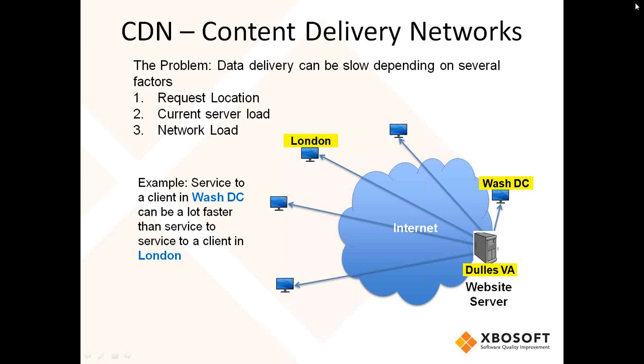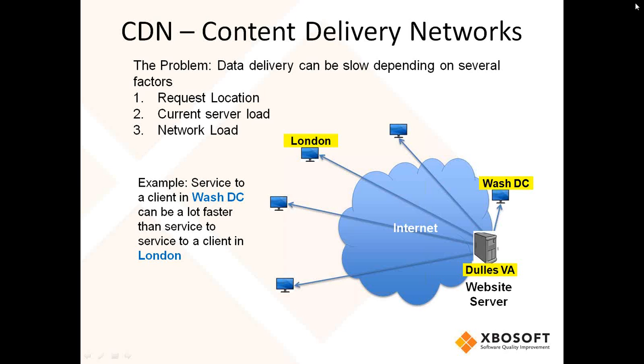Well, it's fairly close, and I can service that request very, very quickly. What happens if the request comes from London? Well, it goes all the way to my Dulles site, gets the information, and sends it back. However, the service to the Washington, D.C. site will be much, much faster.